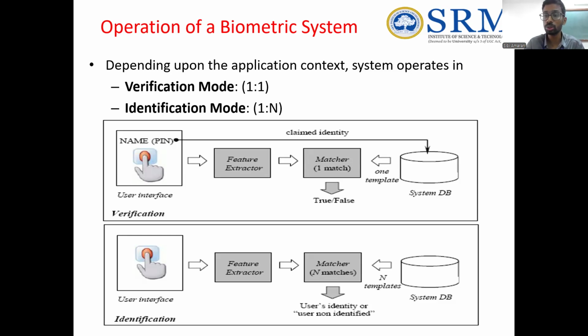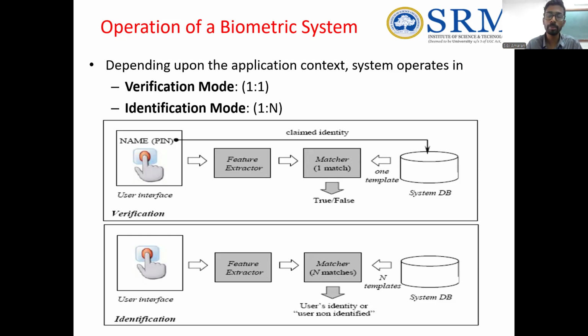In case it is 1:n, that is something we use in a workplace or something. There will be n number of users who might have enrolled. One particular user will go into the biometric system and mark his identity.